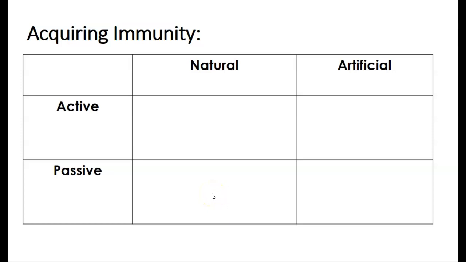So while a mother is pregnant, there are some antibodies that can cross the placenta and provide that short-term immunity to the baby, and also through breastfeeding. So both maternal examples and both ways that you can naturally acquire passive immunity.